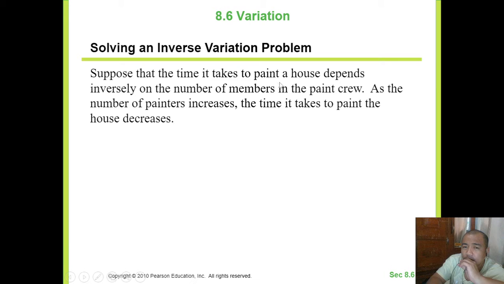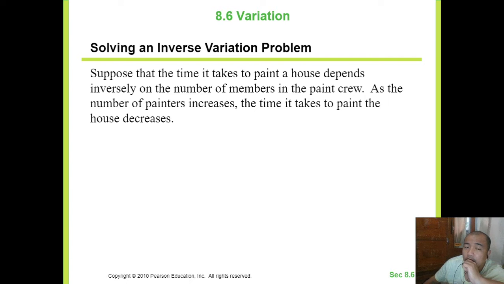Suppose that the time it takes to paint a house depends inversely on the number of members in the paint crew. As the number of painters increases, the time it takes to paint the house decreases. So this is an example of inverse variation.